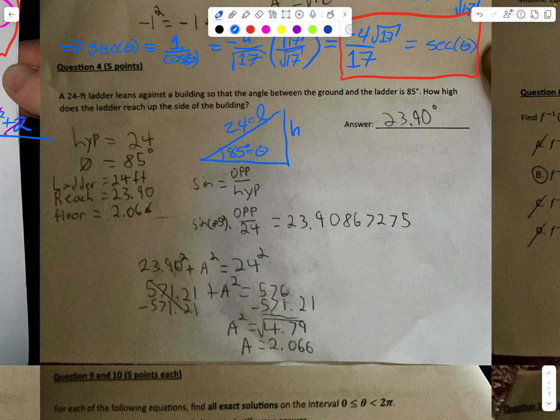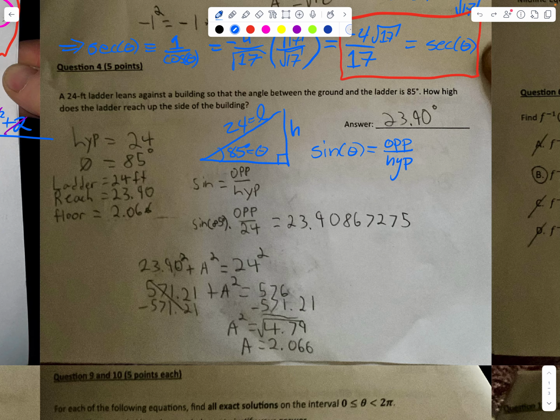Now, right angle. So we need a relationship between an angle, its opposite side, and the hypotenuse. Sounds like a job for sine. Well, I know that sine of an angle is opposite over hypotenuse. And what do we need?